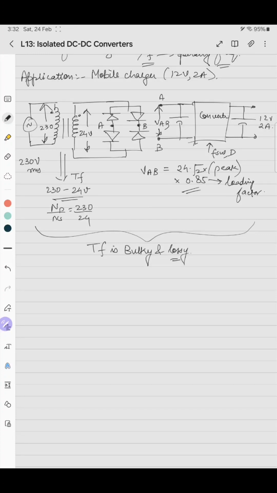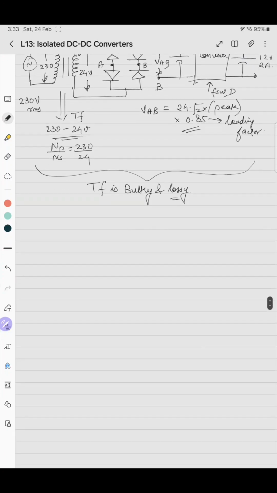We reduce the eddy current losses by using a laminated core, stacking multiple plates of the iron material one upon the other. The core is iron material, which has its own flux density. So the transformer becomes bulky and lossy.